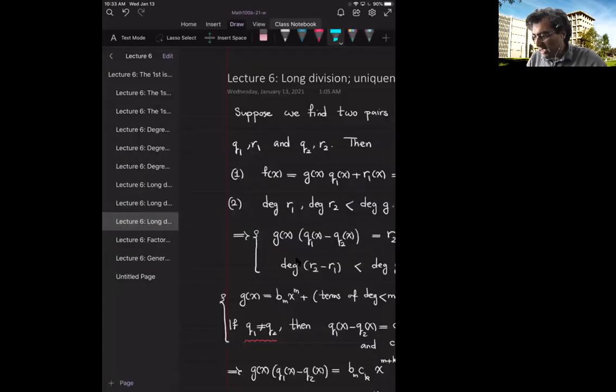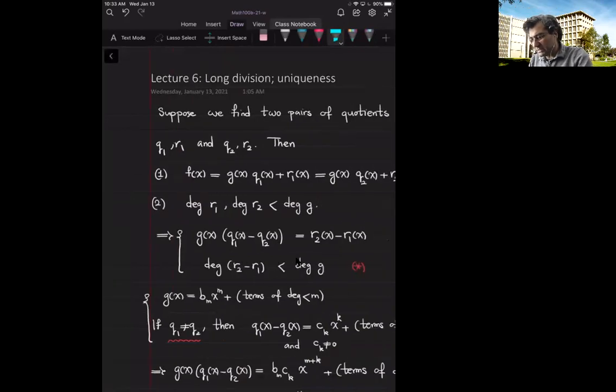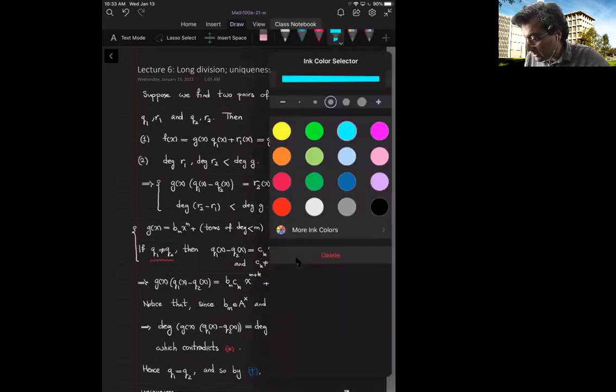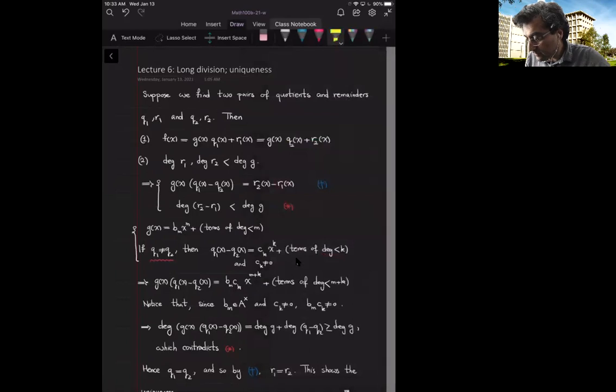But why do I have a uniqueness? So what does that mean again? That means that if I start with q1, r1 and q2, r2, if both of them satisfy these conditions, why do I know that they are the same pairs? So this means I have this equality and I have these inequalities, and I want to show that q1 is the same as q2.